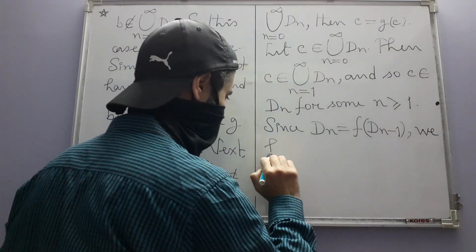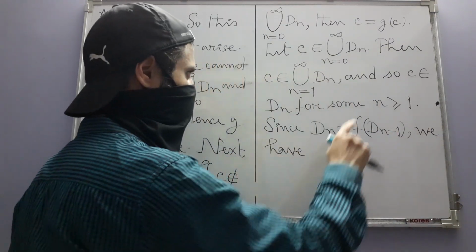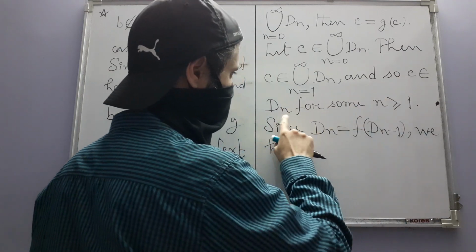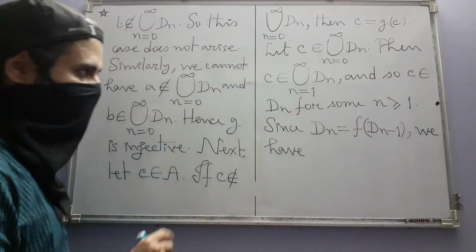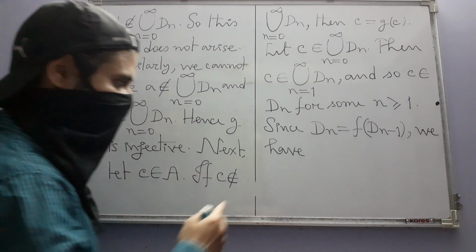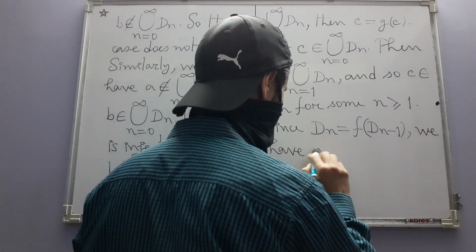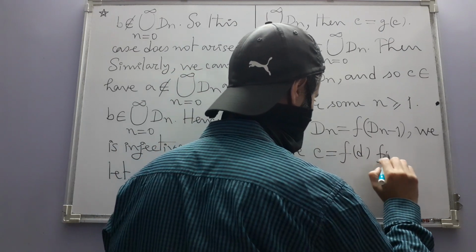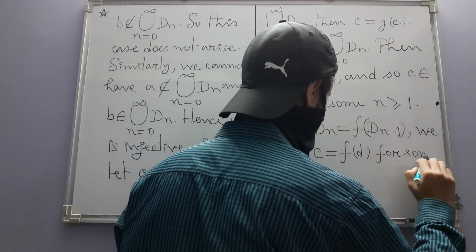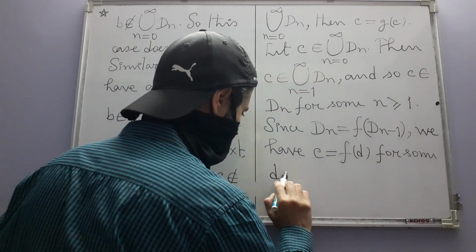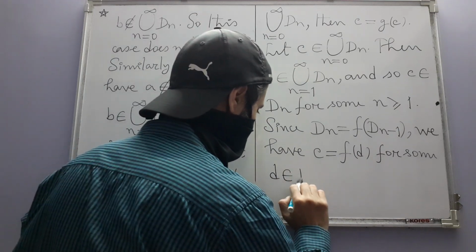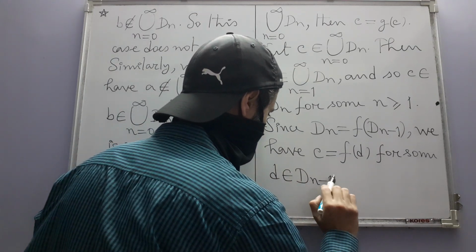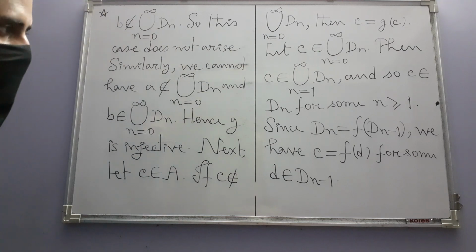So C belongs to Dn, so that means C belongs to the F image of some set. So C will look like this, f of D for some D belonging to Dn minus 1.